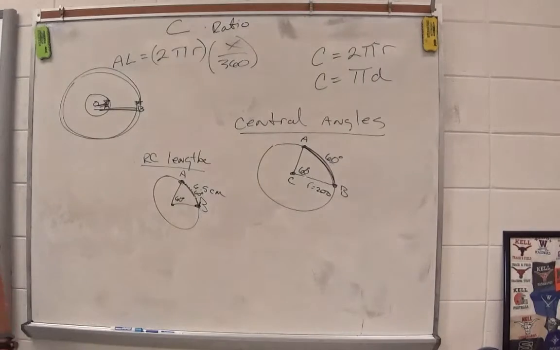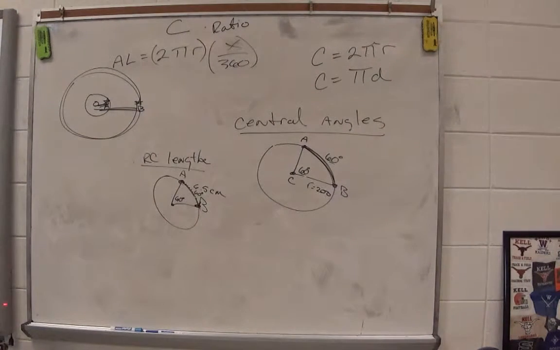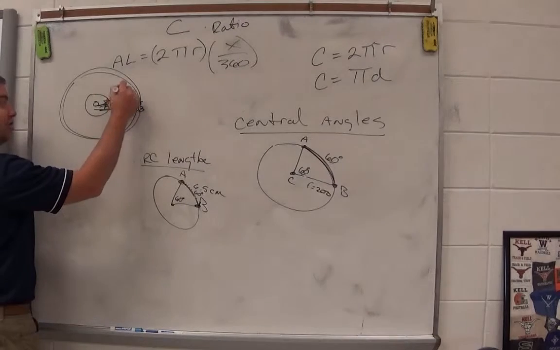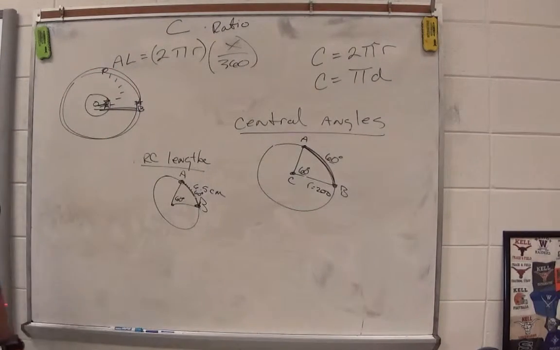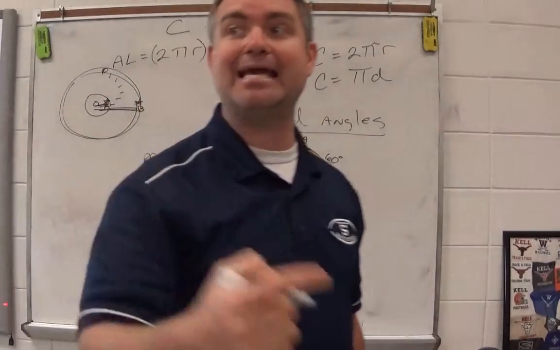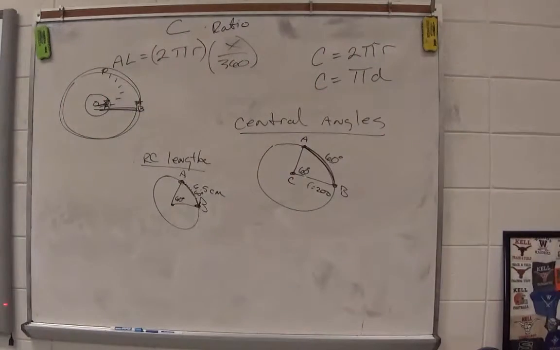Think about a track. Lanes 1, 2, 3, 4, 5, 6, 7, 8. Who gets the advantage at the start? Not really an advantage, but it's called a staggered start. It looks kind of like this. Lane 8 starts way out here. Why? Because it's further in lane 8. When they come all the way across the finish line, all 8 of them have run exactly 400 meters, if you're just doing one lap.